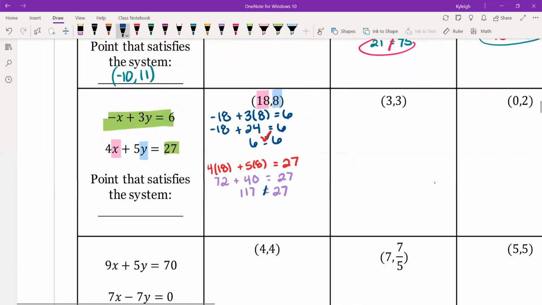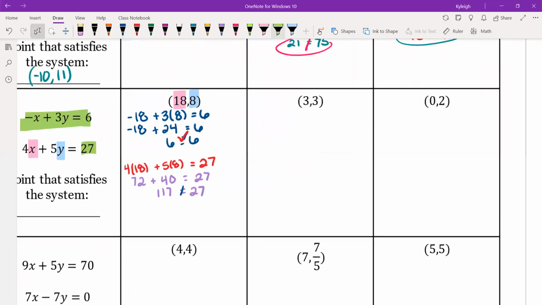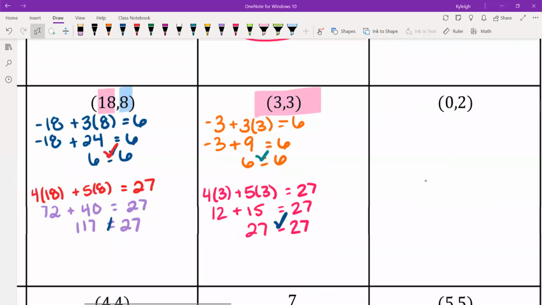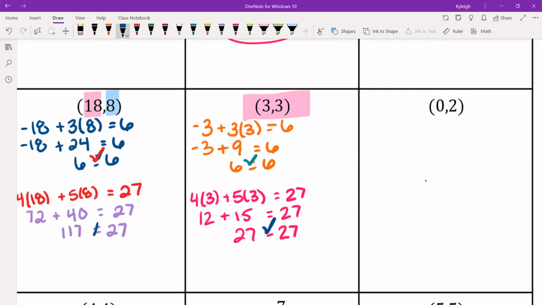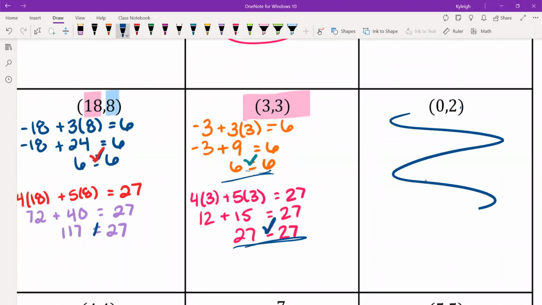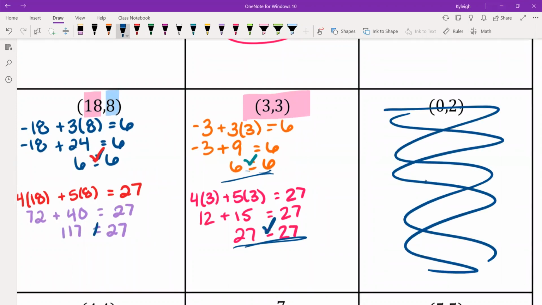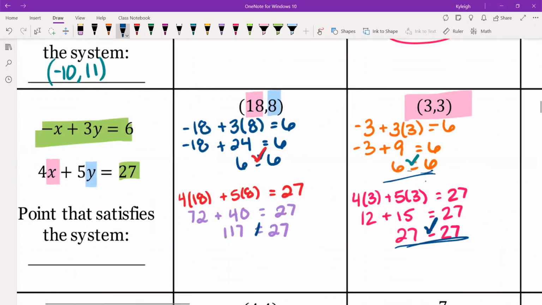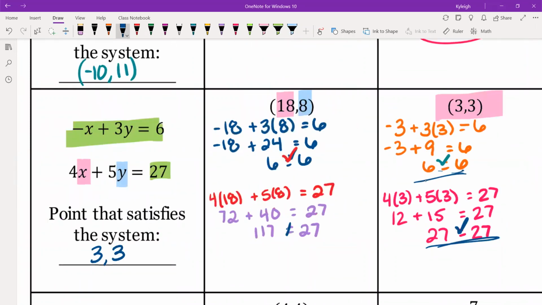All right. I want you to try the next one. I want you to try 3, 3. So pause the video and try 3, 3. All right. So hopefully when you plugged it in, you got 6 equals 6 and 27 equals 27. So then we don't even need to do this third one because we know that this matches. Okay. So then it's 3, 3.